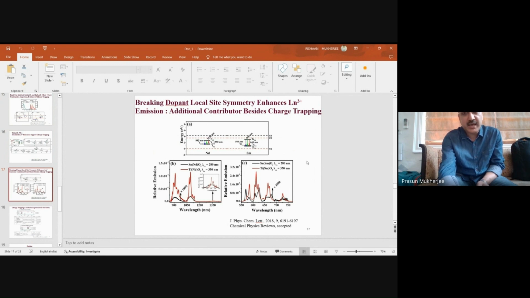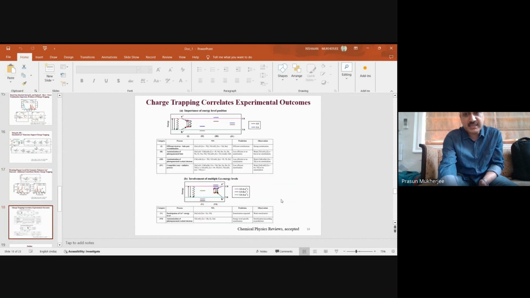And here, based on the asymmetry ratio calculations, we have concluded that in addition to the charge trapping processes, if one can break the dopant local site symmetry, then the Ln3+ emission enhances significantly. Here is a summary of the entire thing with different sulfides, selenides and oxides, etc.